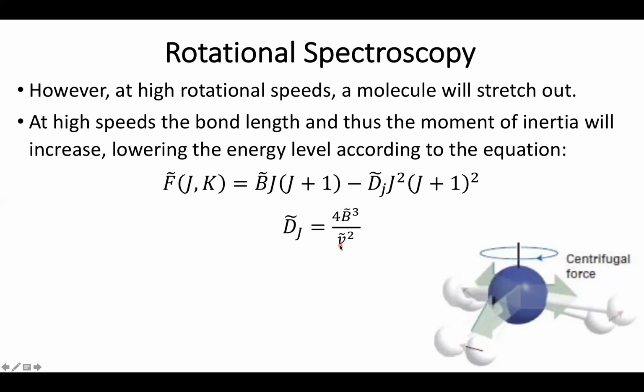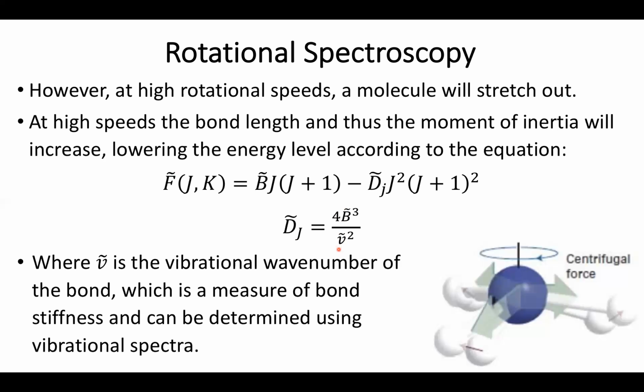But similarly, if I have a very stiff spring, this means I have a high vibrational term, which means I am not going to want to stretch out. So this will dampen any sort of effect. So larger rotational constant, more likely I am to have this distortion. Larger vibrational constant, less likely I am to have this distortion.